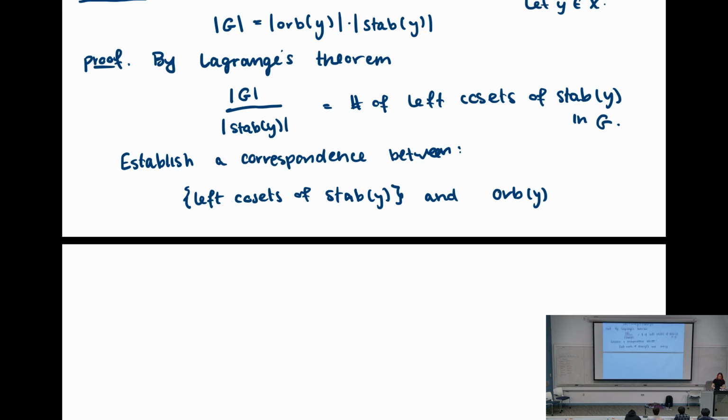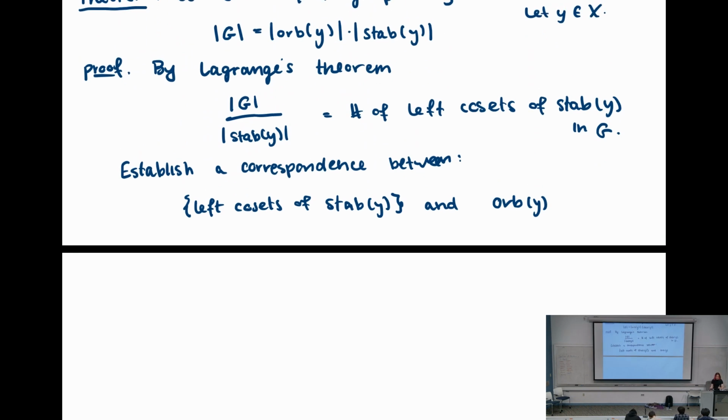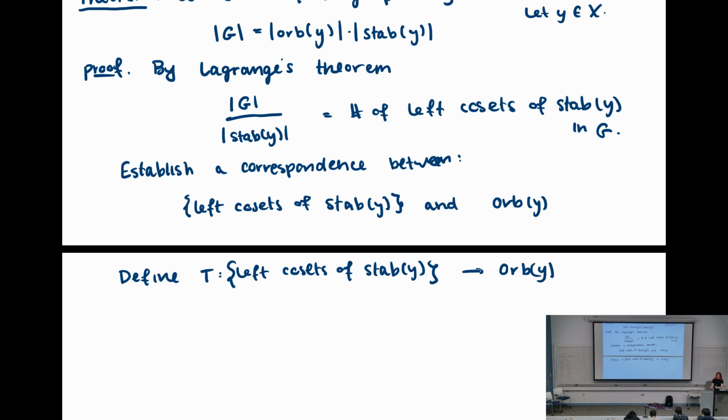Okay, so I'm going to give you the correspondence. I'm going to define T, which will be a map from left cosets of Stab Y to Orb Y. It's going to send a coset of the form G times Stab Y to GY.